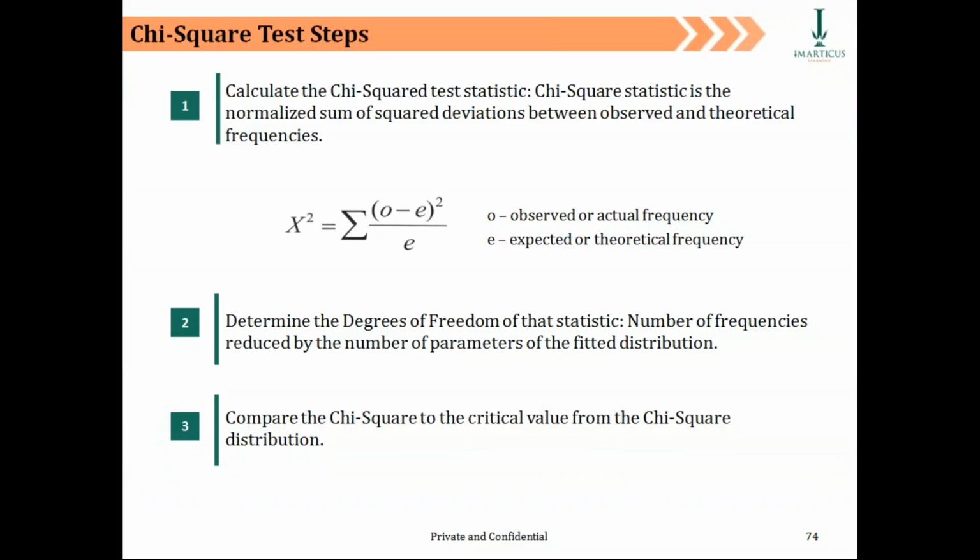The degrees of freedom is calculated from the number of rows and number of columns: row minus 1 multiplied by column minus 1, right? Clear? All three bullets are what we discussed when we did the calculation. I hope that is fine.